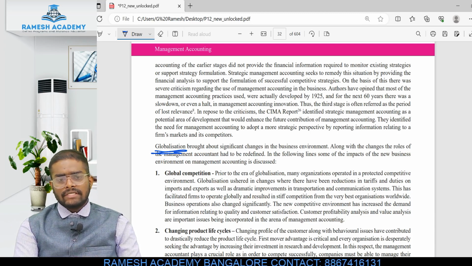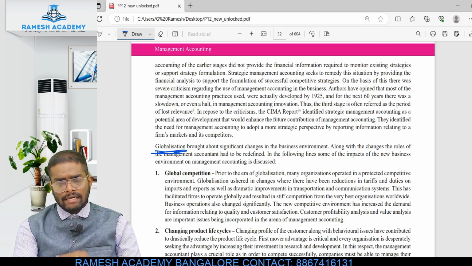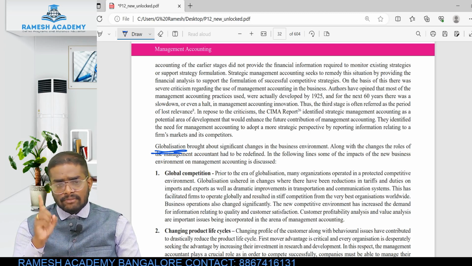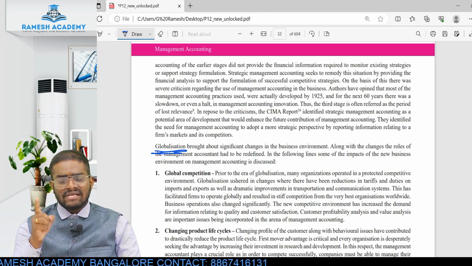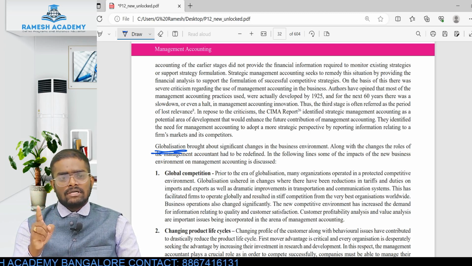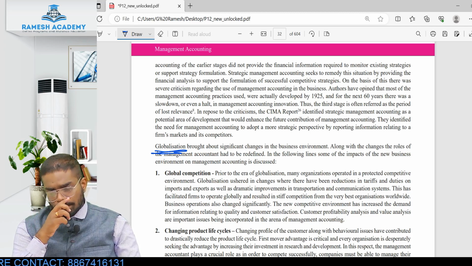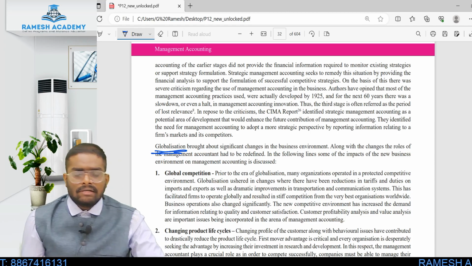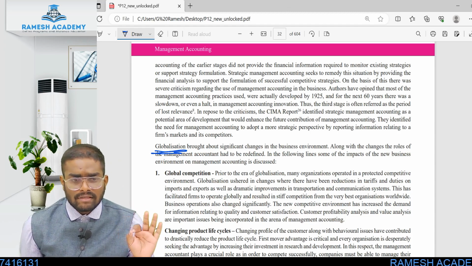Now the situation has changed. Now Indian goods are entering foreign markets, and foreign goods are entering the Indian market. So the management accountant is responsible for making goods at such a price, at such a quality, which will beat the global competition. Now we are nowhere competing only with Indian businesses. We are in a situation where we'll be fighting global entities. That's the reason the management accountant is very much responsible for making all those decisions.